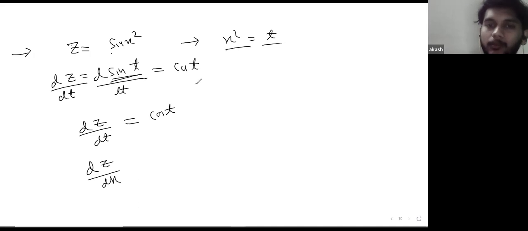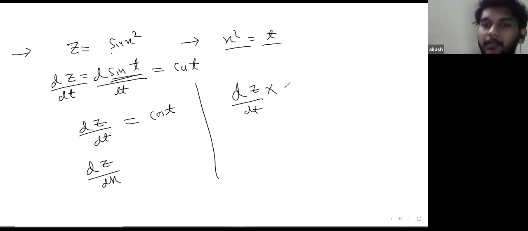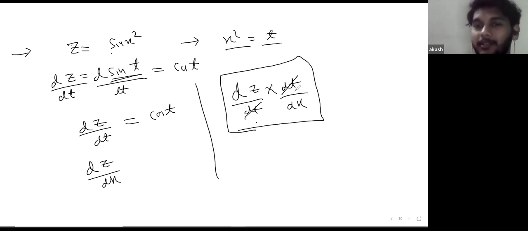Now what we can do, if you have dz upon dt, if I multiply dt upon dx here, this will be getting cancelled. Don't ever say like this is getting cancelled. This is a very wrong thing to say that these two are cancelled, but easy to understand. They don't get cancelled like this, but we can say like this just to understand.